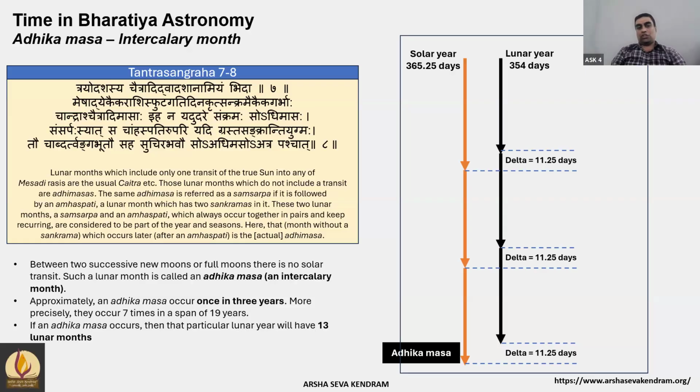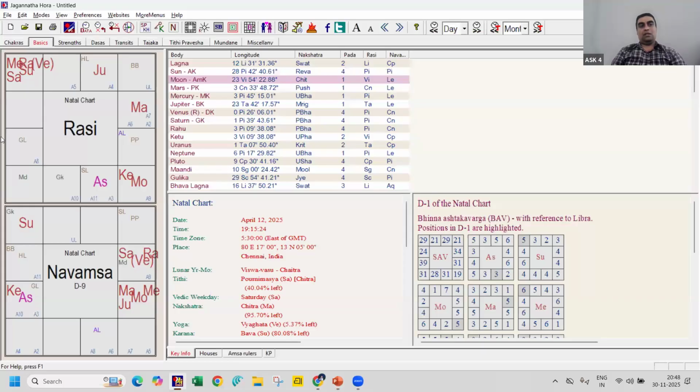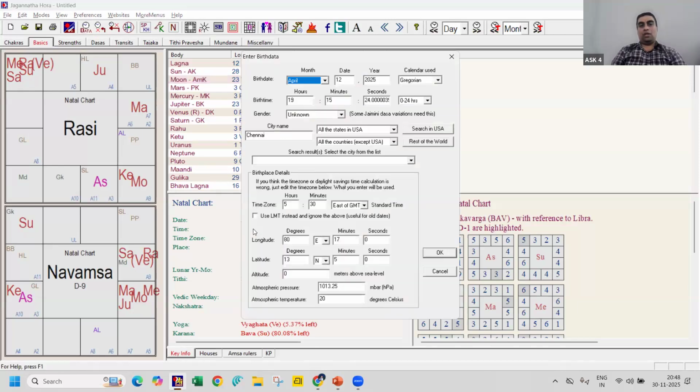So just to understand this first point: between two successive new moons or full moons, there is no solar transit. I'll briefly take you back to this. See here, when the sun and the moon join, let me go back to that March 29th time frame.